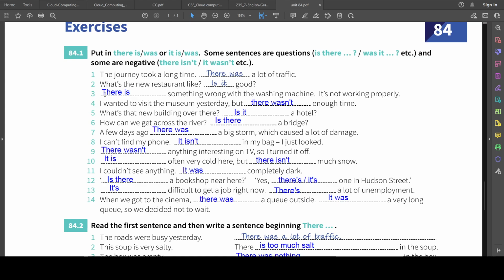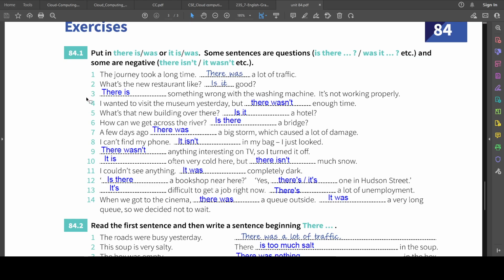Next one. There is something wrong with the washing machine. It's not working properly. So we're talking about that something exists, something wrong exists with the washing machine, right?